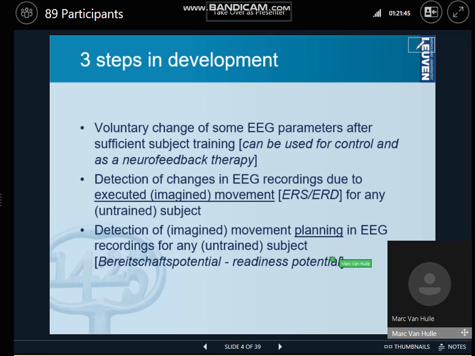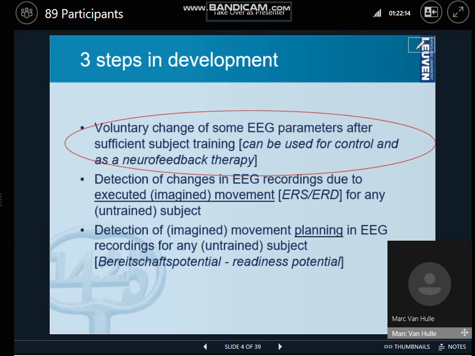And then the third, there was also a step forward where you could pick up not only the performing or the imagined performing of a movement, but also the planning, the thing that comes before the muscle contraction. So the planning of the movement also has a signature in terms of EEG, and this can be picked up as well after proper machine learning training.